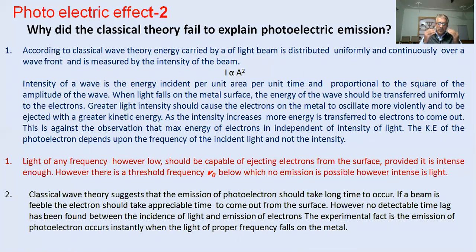When the light is more intense, the oscillation of electrons would be more vigorous. If we incident an intense beam of light on the metal, electrons would oscillate more vigorously, and then they would come out of the surface. Therefore, as the intensity increases, more energy is transferred to electrons to come out.